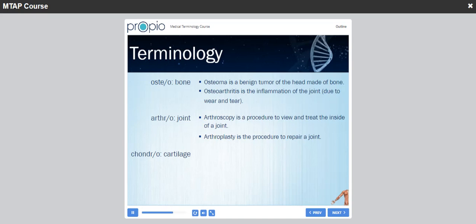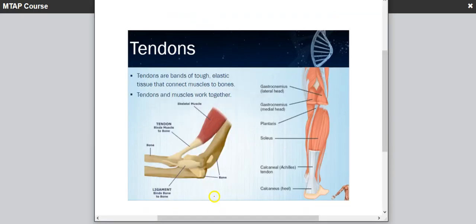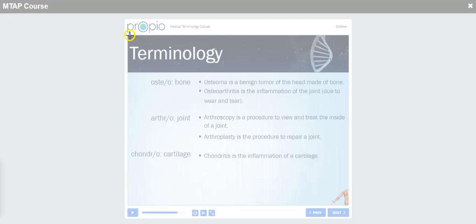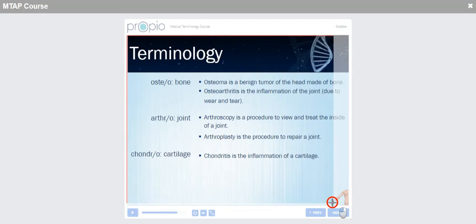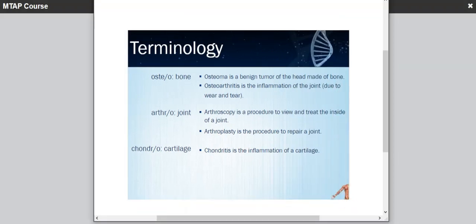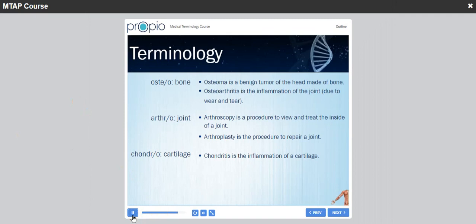Now let's talk about sample diseases and disorders of the musculoskeletal system. Arthritis is an inflammation of a joint.